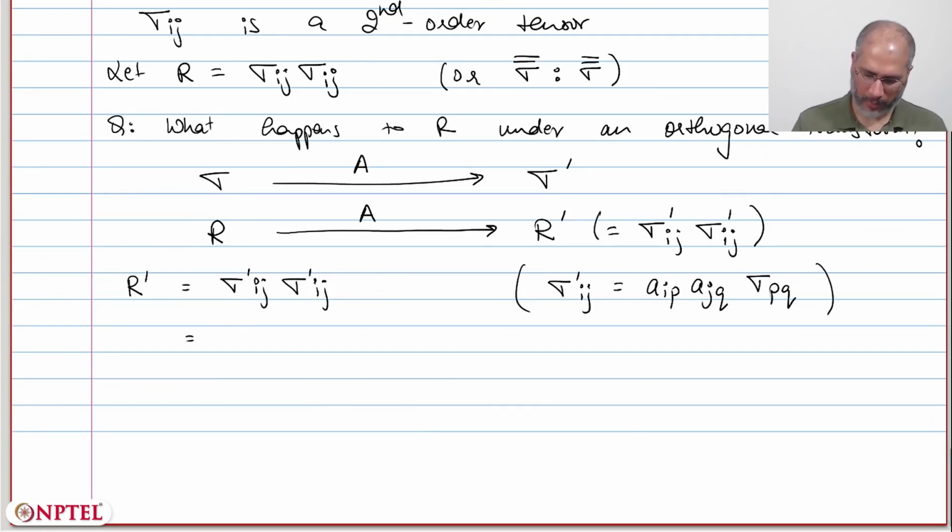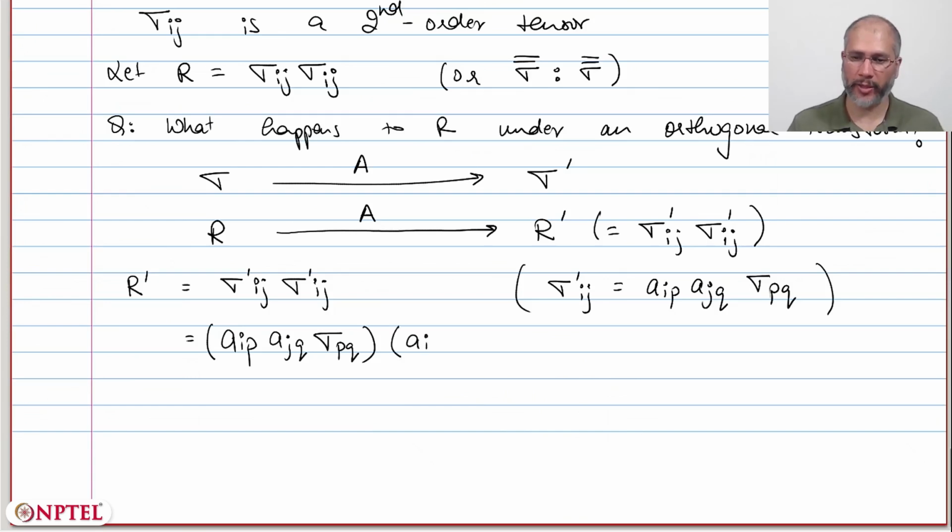So this R prime becomes AIP AJQ sigma PQ. That's the first sigma prime ij. And the second sigma prime ij will be AI... Now I need to use different indices. I'll use L and M. So AIL times AJM sigma LM.